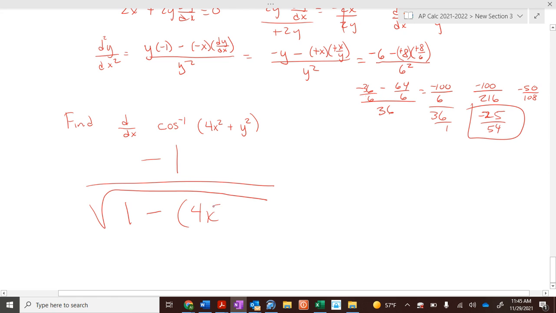How did that work out? Is that a K? Oh, that was a dumb one. No, that looks like a K. 8x plus 2y. Oh my goodness. Ooh, wow, this has layers to it.